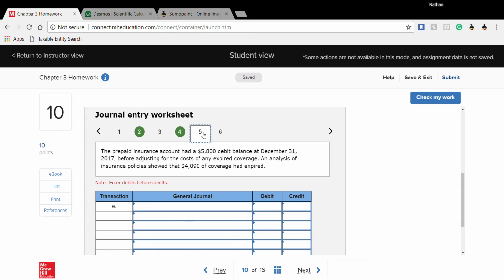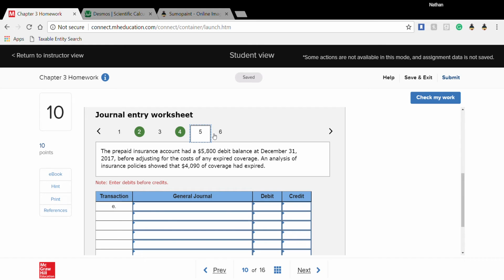All right. Transaction number 5. This was prepaid insurance. Looks like we have another prepaid insurance. With this one, again, wording.